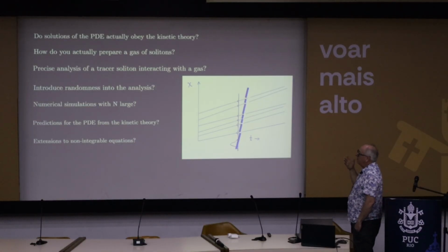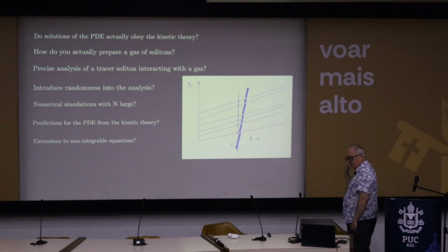Another question is, what does it mean to have a gas of solitons when you're really studying a solution of a nonlinear partial differential equation? Is there the possibility to carry out a precise analysis of a tracer soliton actually flowing through what you might consider to be a gas of solitons, but from the context of actually solving the nonlinear partial differential equation?